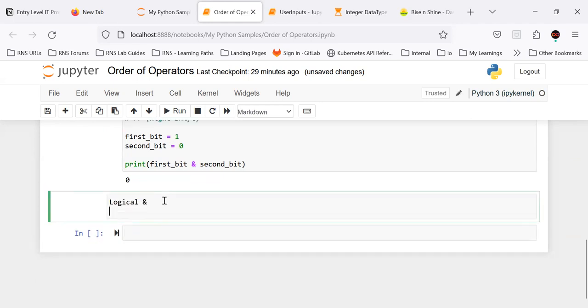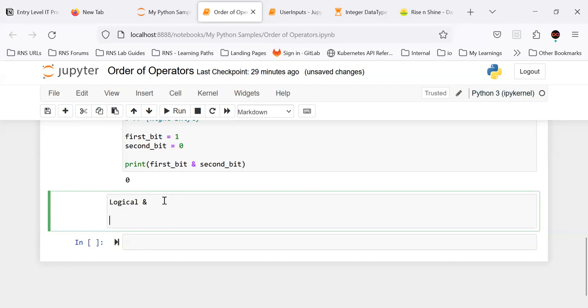So in the logical AND, what is going to happen? I'm just going to represent a first operand, second operand, and a result value.